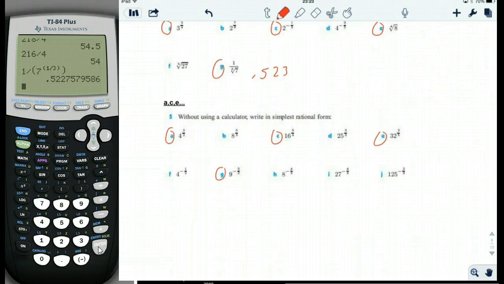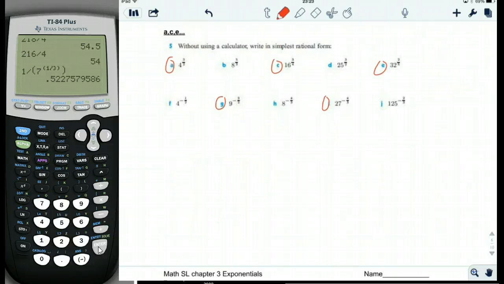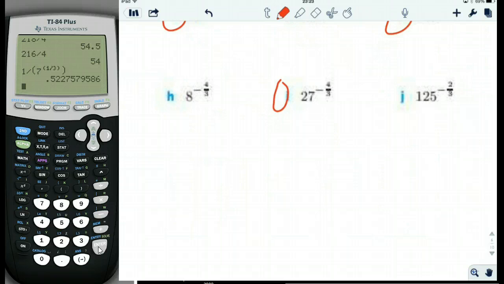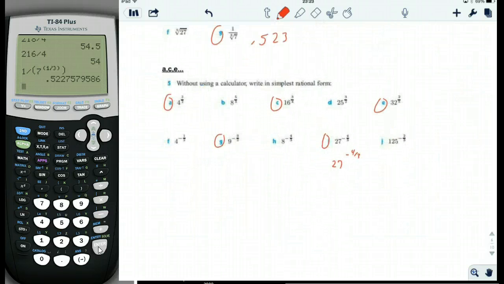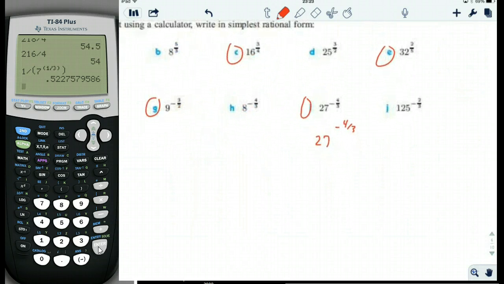Let's do the last one here, which is 27. This will be the last problem. 27 to the negative 4/3. I'm going to write it in simplest rational form without using the calculator. Well, of course, they were very careful to give us a certain number, that number being 27 to the 1/3 to the negative 4th.